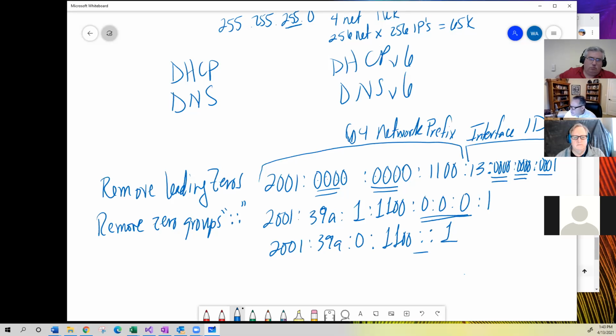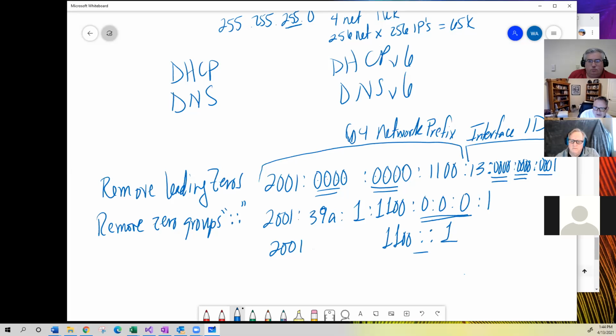Okay, the rule is if they are the same, it should be the leftmost block of zeros. So in this case, the network prefix would win out.